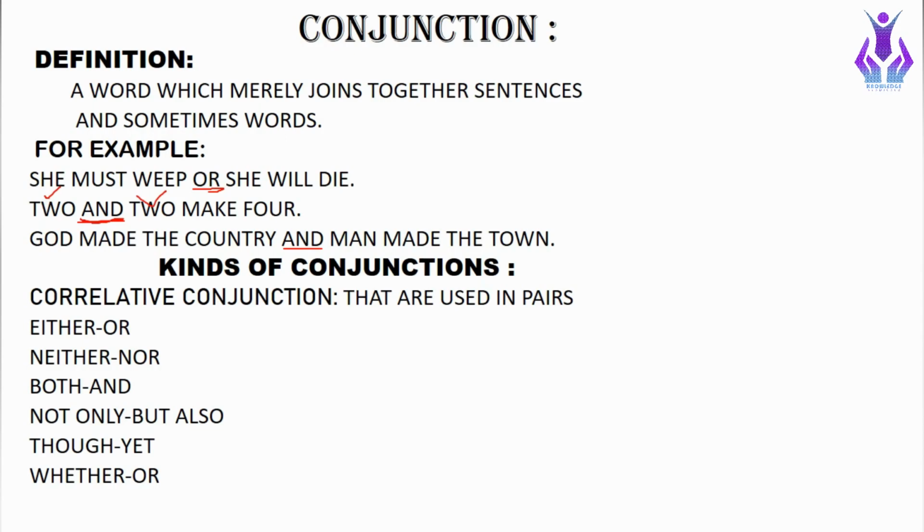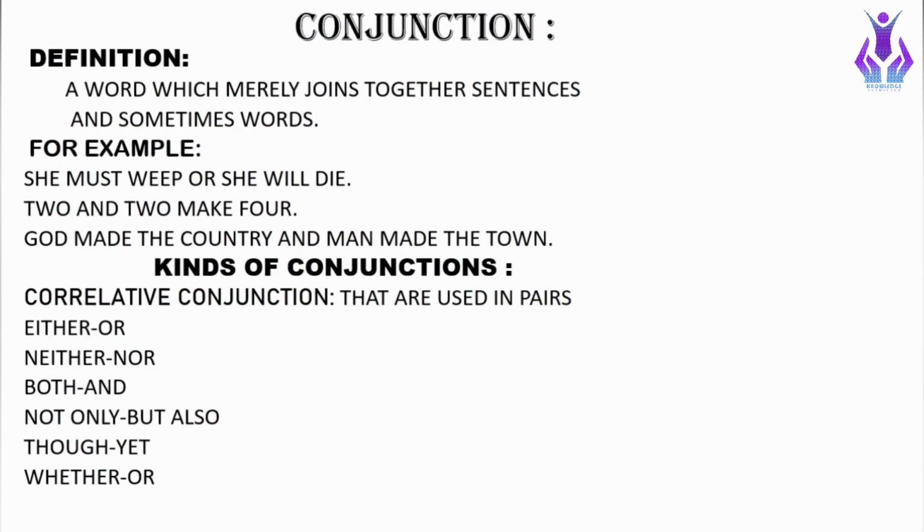For example, not only is he foolish but also obstinate. These conjunctions are always used in pairs in a sentence, so these are called correlative conjunctions.